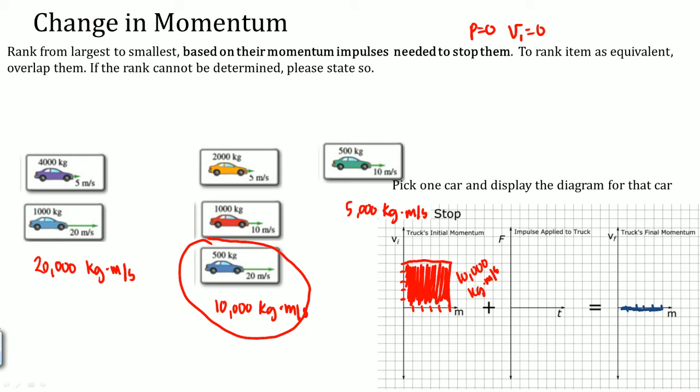So what was the impulse? Well, the impulse would be its change. And the change here would be what? Let's take a look. It has to be the same here. 1, 2, 3, 4, 5. And 1, 2, 3, 4, 5. Yep, perfect. So it would look something like this, because this is going to be your 10,000 kilograms times meter per second. If you add these two together, you would get a final momentum of 0.